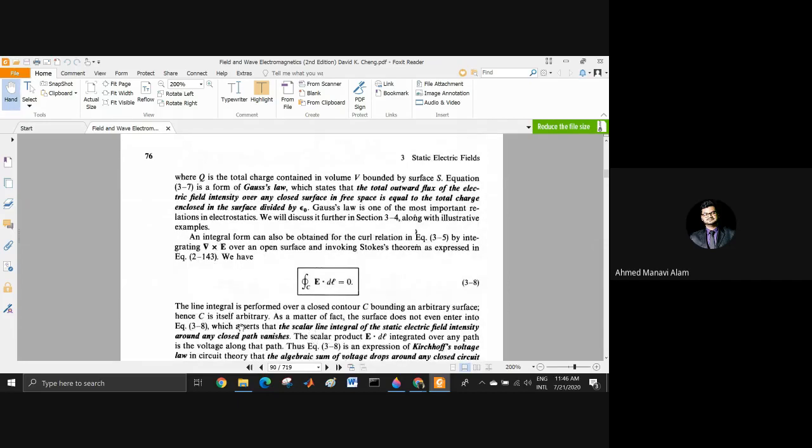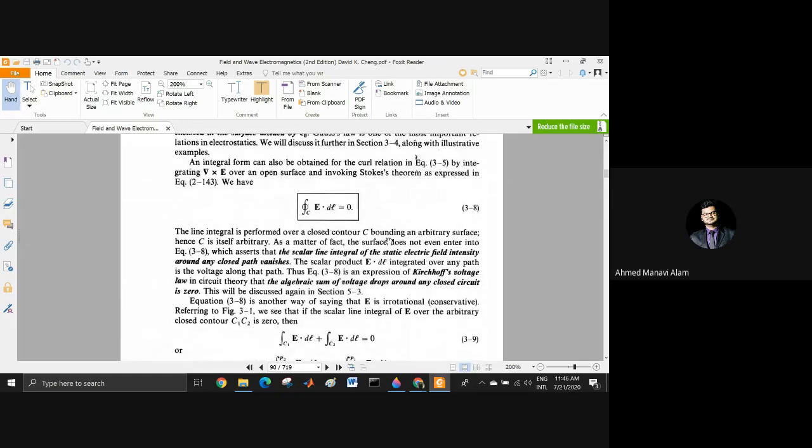ঠিক আছে, the line integral is performed over a closed contour. Closed contour মানে closed path আর কি, এটাই contour বলে. Closed contour C bounding an arbitrary surface, hence C is itself arbitrary. So এই জিনিসটা দিয়ে আসলে একটা লাইন বুঝে, the algebraic sum of voltage drops around any closed circuit is 0. এগুলো আসলে এখান থেকে আসছে. ঠিক আছে, আপনারা কার্শফ কেভিএল পড়ছেন না, এটা এখান থেকে আসে.